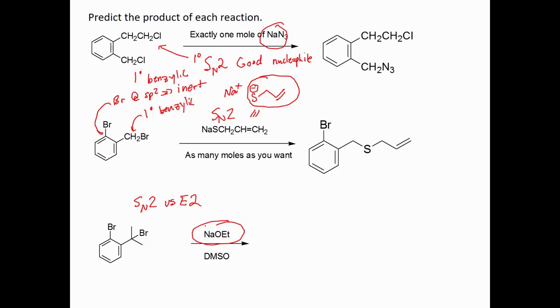Okay. So we would not see an E1 or an SN1 with this base. Okay. All right. So this is tertiary and benzylic. Somewhat lousy for the SN2. So we're going to see the E2 predominate, and this is the expected product of this reaction.